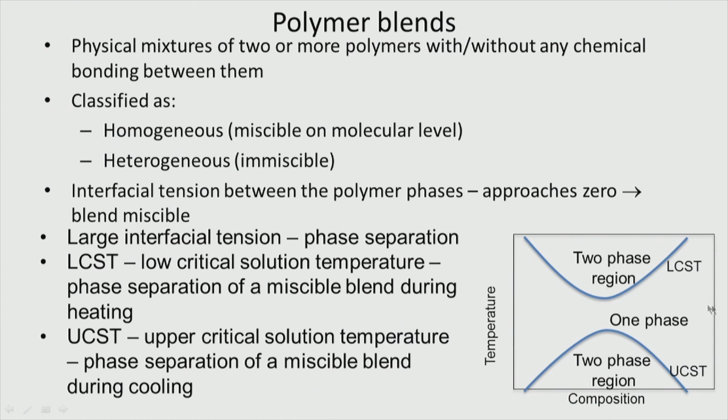So, I would like to work in this region. So, suppose if my room temperature is 30 degrees here, okay, I need to select the concentrations so that I am in the single phase region. So, we need to understand what is the mixing behavior of 2 polymers, so that do they form single phase or do they form 2 phases.